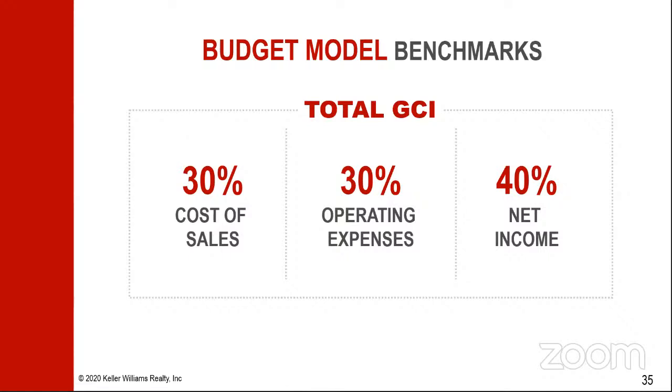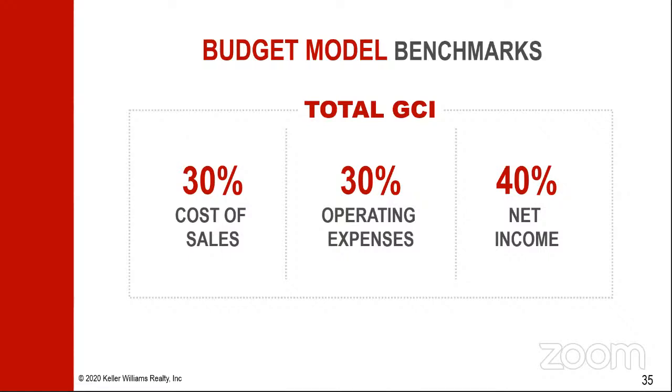If you're not netting at least 40% of your total gross commission income, then that's a sign that we need to get our expenses in line. And if we're profiting too much, that means you may be leaving money on the table by not spending money that could bring us additional gross commission income in. Your goal should be 40%. Ideally, that's where you want to strive for.